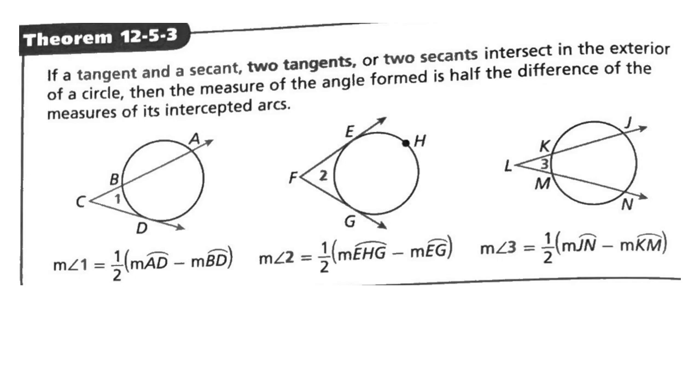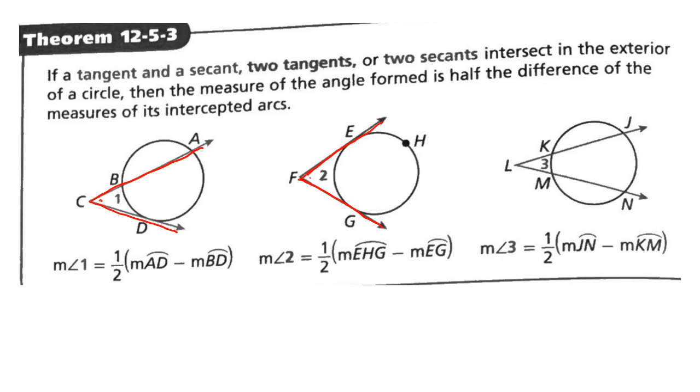All right, so we have another theorem. It doesn't have a name, but you see we have 3 different scenarios. We are given a picture with a tangent line and a secant line making an angle outside of the circle. We have another situation where we have 2 tangent lines making an angle outside of the circle.